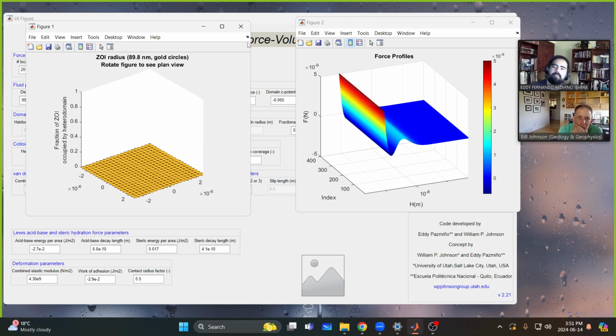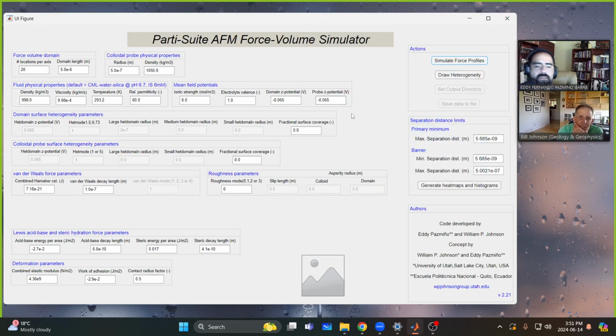Okay, all right. So why don't we go back to the input view and fiddle around with charge heterogeneity just on the domain. Yeah. So what we're gonna do now is, in the domain surface heterogeneity parameters, what we include in this model, which is part of the trajectory model, Trash-Happel, is that the surface can be represented as mean field, as we just saw, and we can have nanoscale discrete heterogeneity.